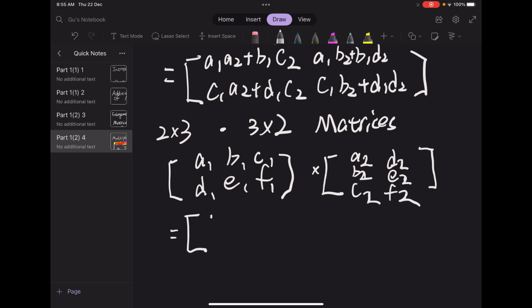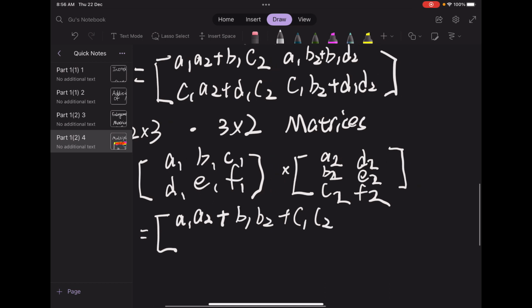Alright, so in the first position, we should get A1, A2 plus B1, B2 plus C1, C2. In the second position, it's going to be A1, D2 plus B1, E2 plus C1, F2.